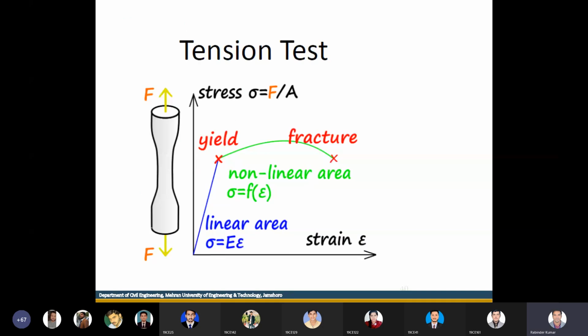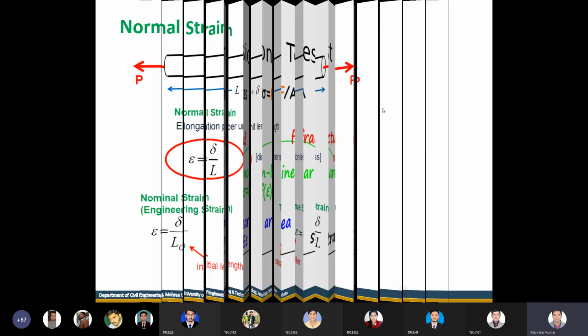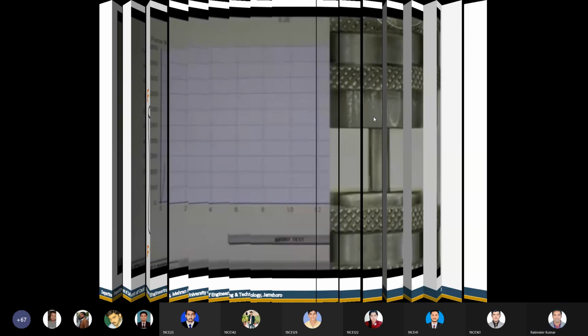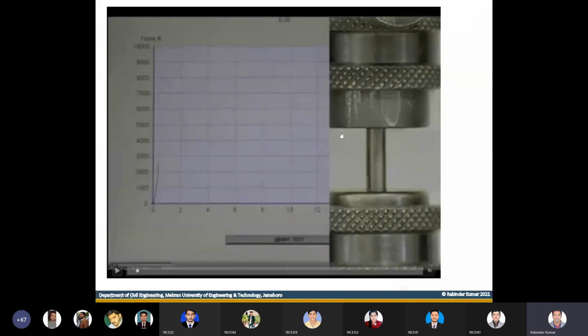To understand this, you need to see this video. This is the experimental setup, in which a bar is placed in a UTM. Now we are applying the force in tension, and you can also see this graph. If you are able to understand this graph, you can also understand the material properties and the technical terminologies related to this curve.